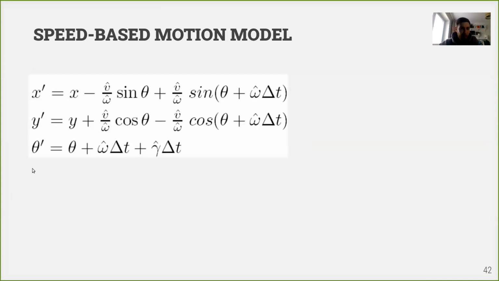So to estimate motion of our robot, these are equations we have seen in the first part of the lecture in kinematics. These are simple equations which allow us to estimate x, y, and theta given delta t and initial motion parameters.